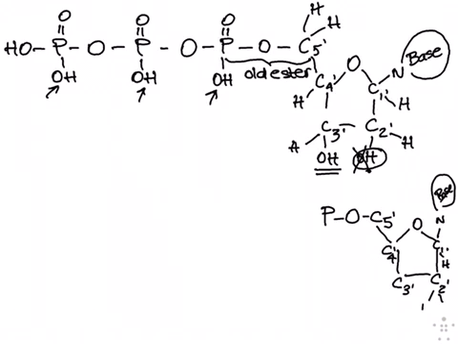Carbon 2 has 2 hydrogens. Carbon 3 has a hydroxyl group and a hydrogen. Carbon 4 needs a 4 bond here. Carbon 5, 2 more bonds right here.